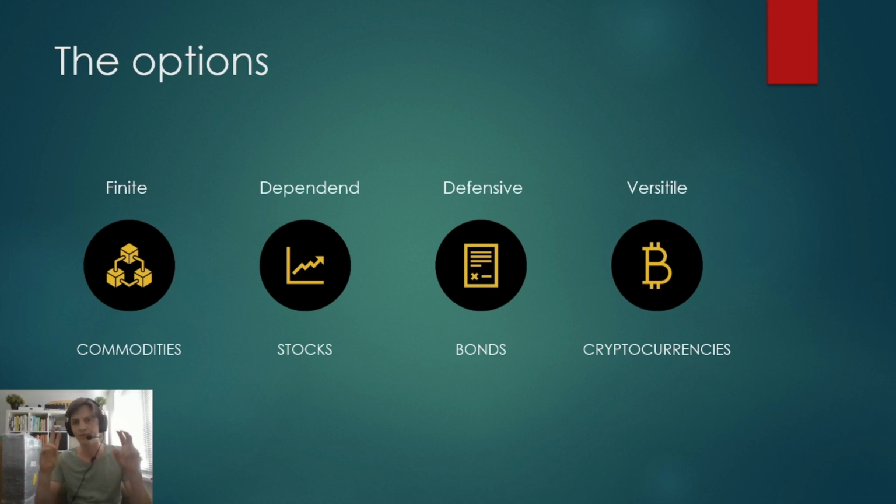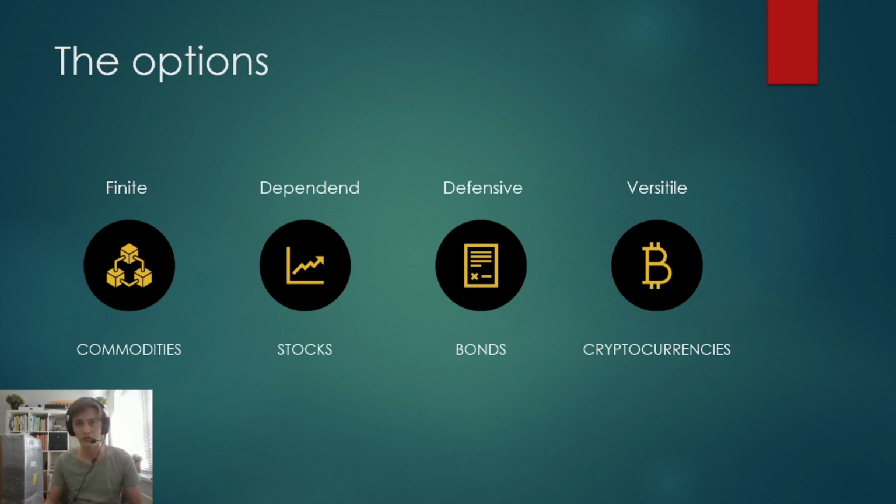They are finite, like gold is really finite on Earth, but the grain is not finite. You can plant more, get more, but people need it. It's consumable. It does really react to inflation. When your buying power goes down, commodities tend to go up.